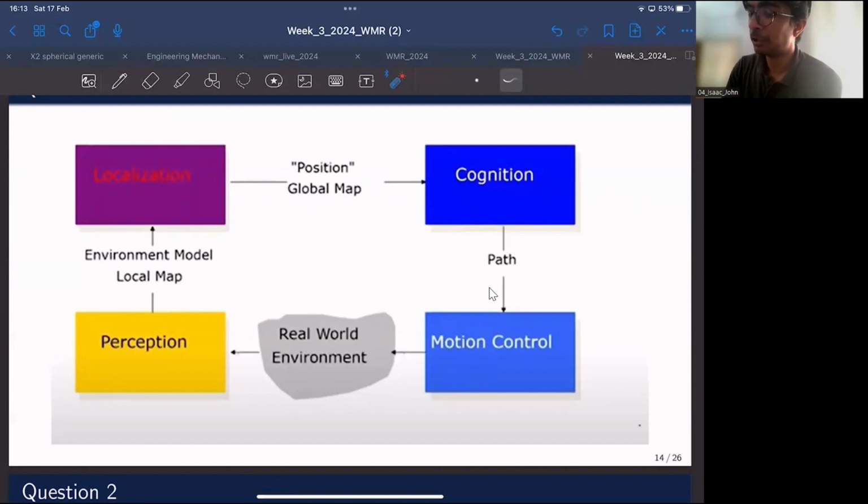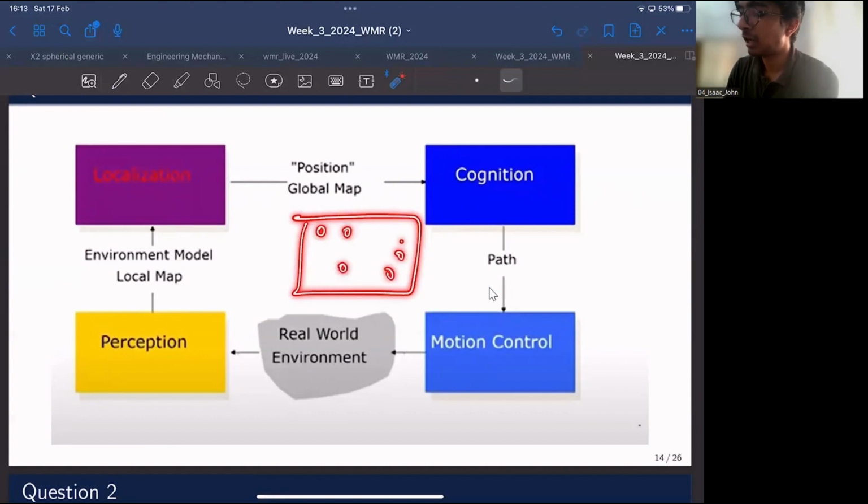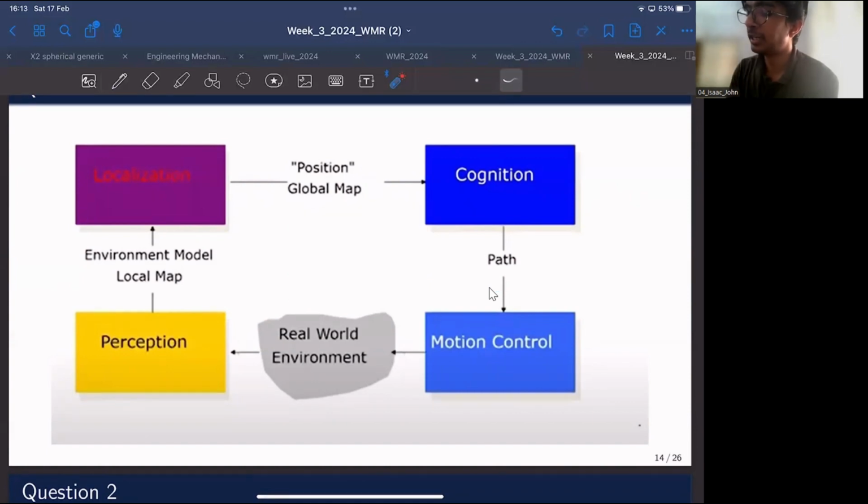Once the map is available, the robot should localize its own position on the map. For example, if the robot knows the map and there are certain landmarks on it, based on the sensors it can determine its position relative to each of these landmarks, and based on that it can localize its position on the map. Then it will have to plan a path from its start position, wherever it is on the map, to its target goal position.